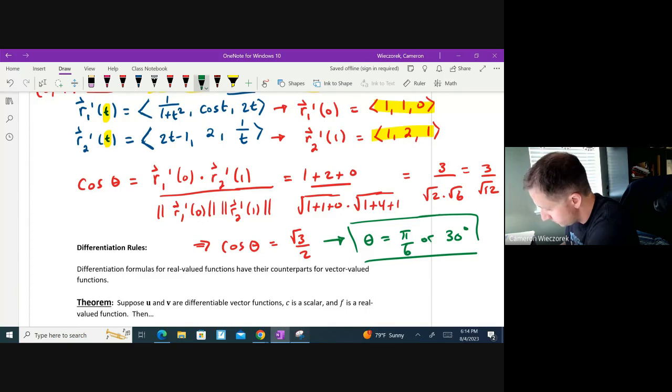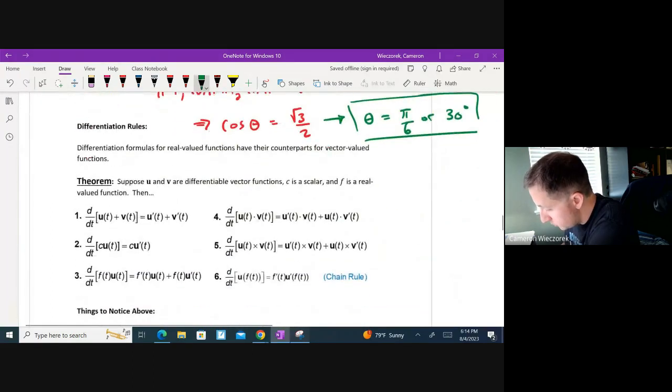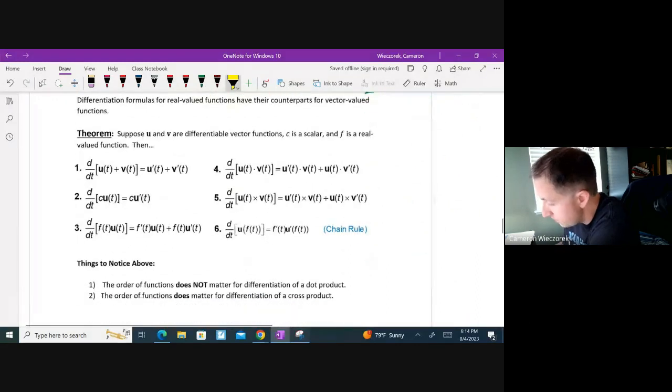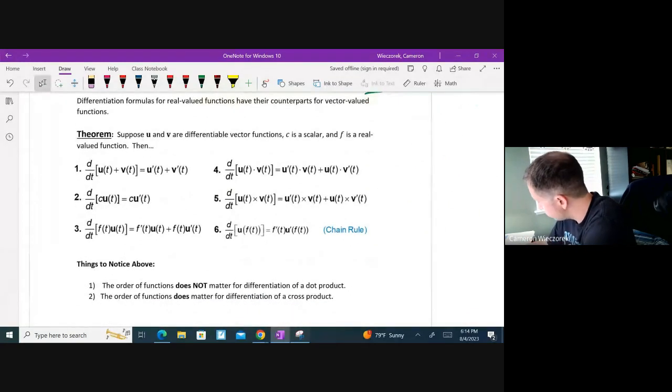Okay. Some other differentiation rules you should be expected to know. Not surprising, a lot of these will look very similar to what you learned last year. Differentiation formulas for real valued functions have their counterparts for vector valued functions. So here's a theorem. Let's say that u and v are differentiable vector functions, c is a scalar, and f is a real valued function.